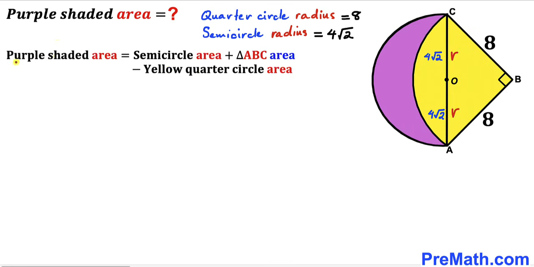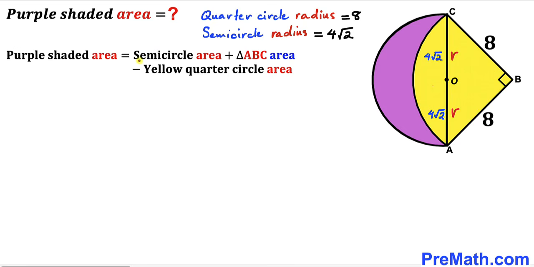And now let's make an observation. We can see the purple shaded region area is going to be equal to the whole semicircle area plus the area of the triangle ABC minus the yellow quarter circle area, as you can see in this given equation.